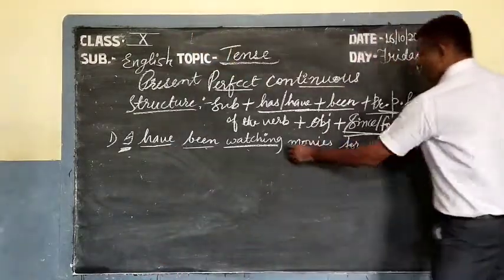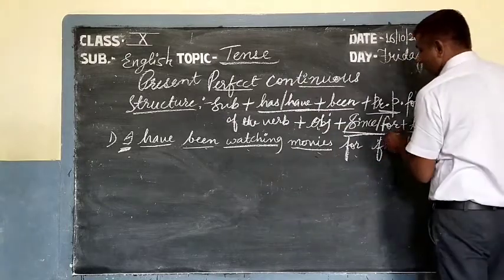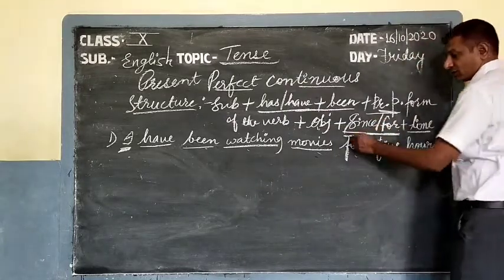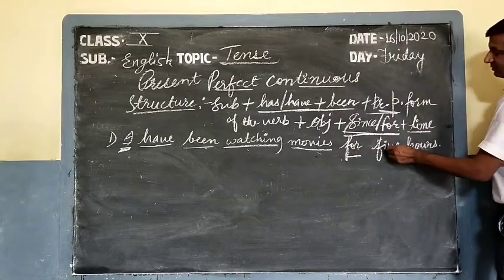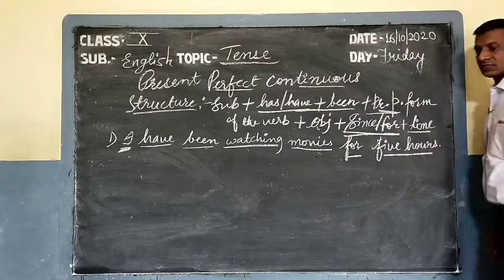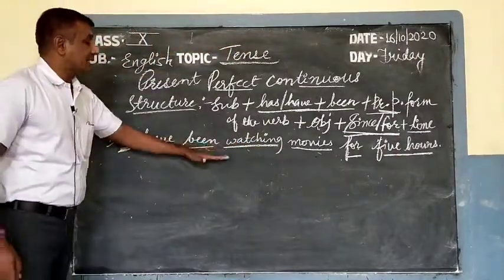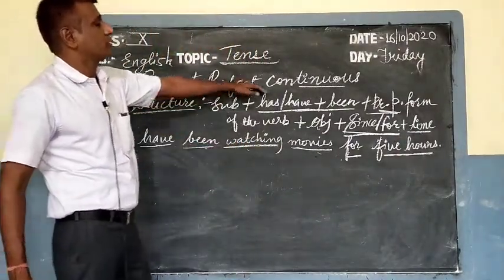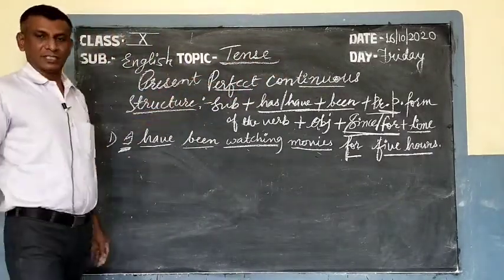And movies is the object. Then since or for, here there is for, time 5 hours. So we can say this sentence is of present perfect continuous or present perfect progressive.